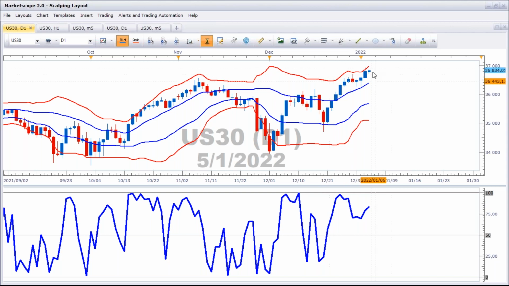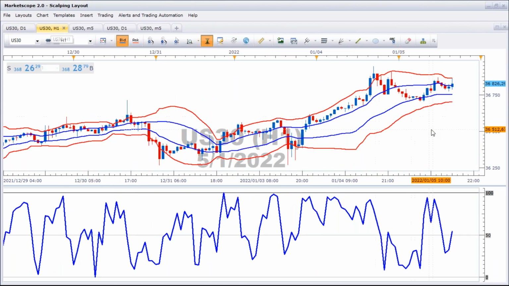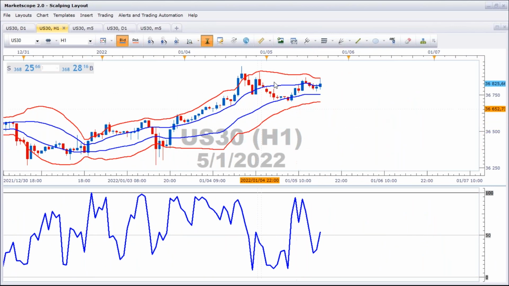And as an added bonus, we're in the upper zone 1. So that's our bullish area. That's on the daily. We want to go down to the hourly and just see how the hourly is setting up. So we're trying to line up all the time frames. I can already see that the hourly is problematic.